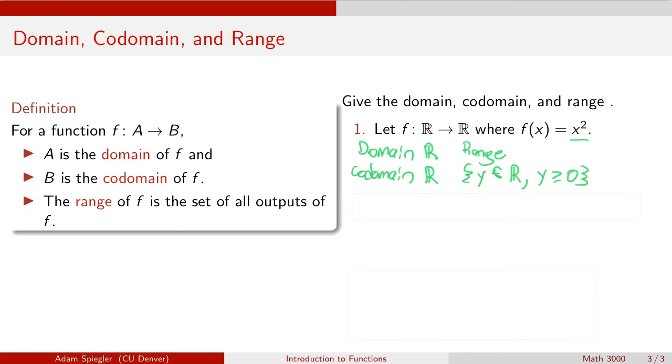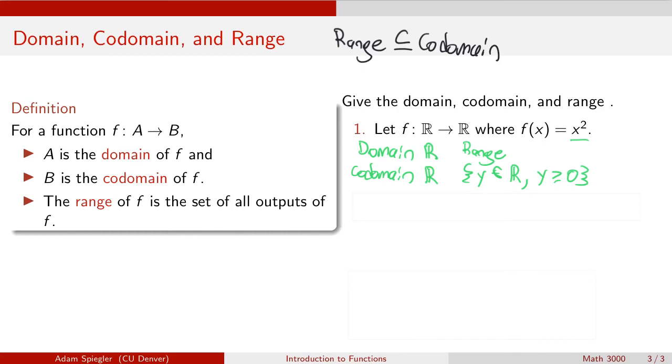So you can see here that the codomain is the set of all real numbers, whereas the range is just the set of non-negative real numbers. So the range is a subset of the codomain, and that is always going to be the case. It could be the entire codomain, but it has to be some subset that sits inside of the codomain.